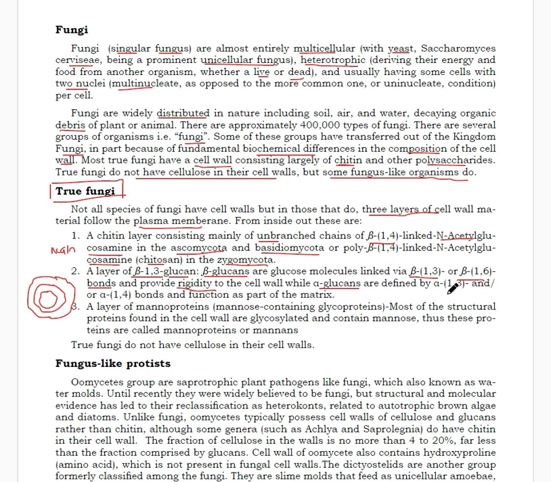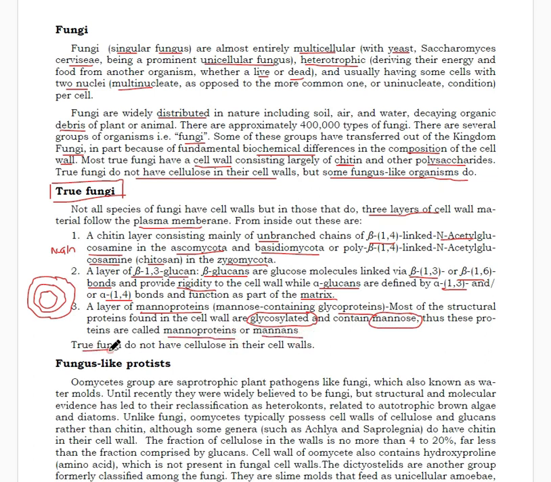Alpha glucans are defined by alpha 1,3 or alpha 1,4 bonds and function as a part of the matrix, not the wall but the matrix. The third layer is mannoprotein, which is mannose-containing glycoprotein. Most of the proteins found in the cell wall are glycosylated and contain mannose, so these proteins are called mannoproteins or mannans.